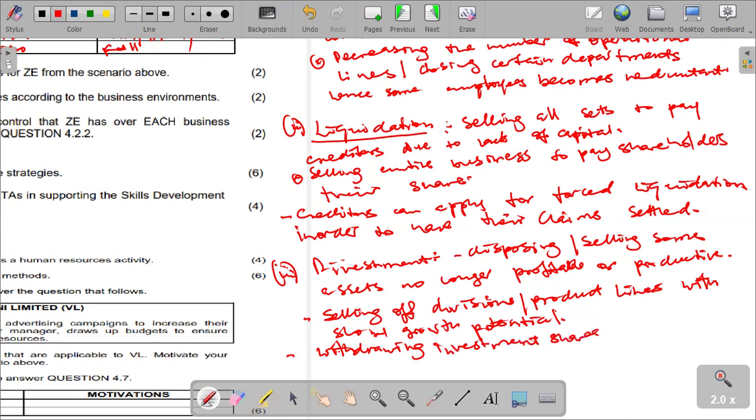So this is the divestment: the business is getting rid of weaker areas to maximize on more profitable areas, and decreasing the number of shareholders by selling their ownership, which would also enable a business to survive by reducing their dividends, or their share profit sharing, given at the end of the day.